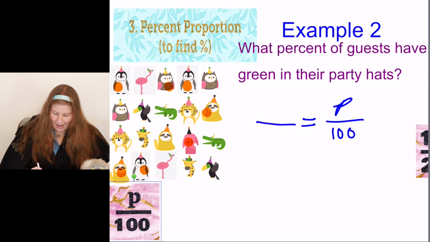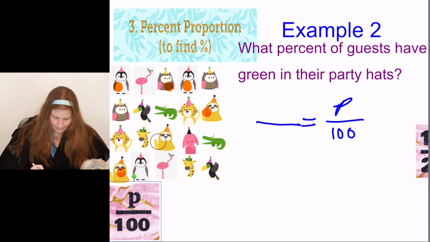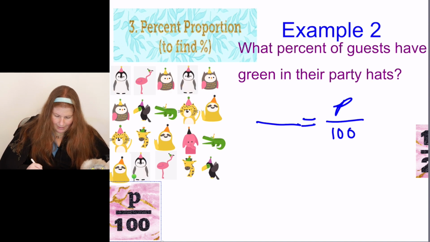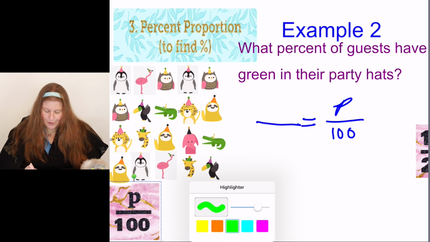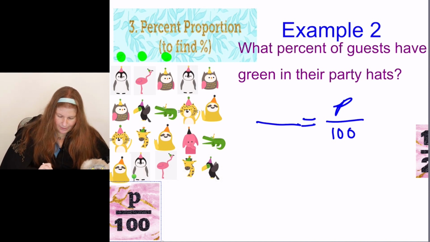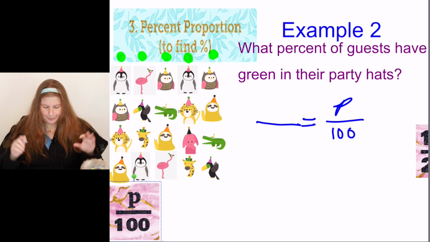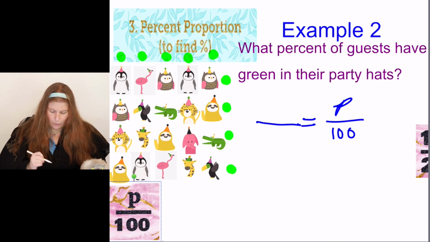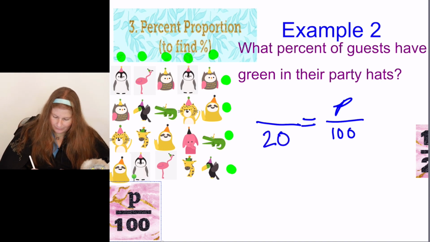And then on the other side, I'm going to count how many guests I have in all. If I think of this as an array, my array has 1, 2, 3, 4, 5 guests in each row times 1, 2, 3, 4 columns. So I know that there are 20 guests in all.